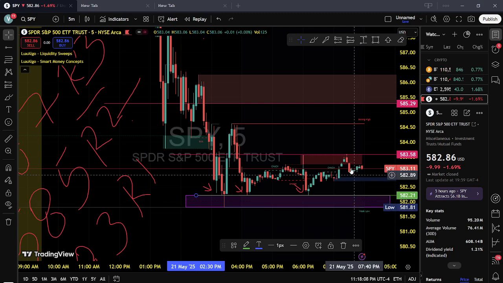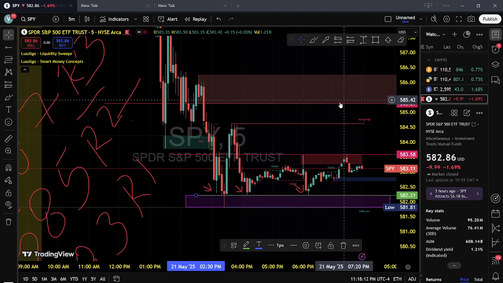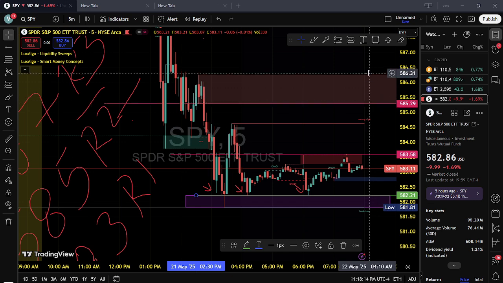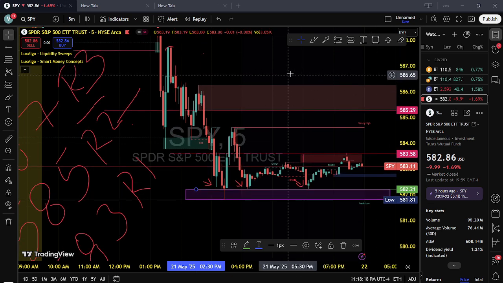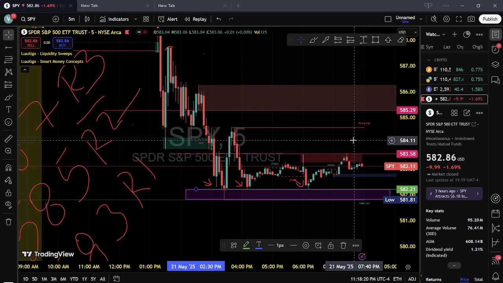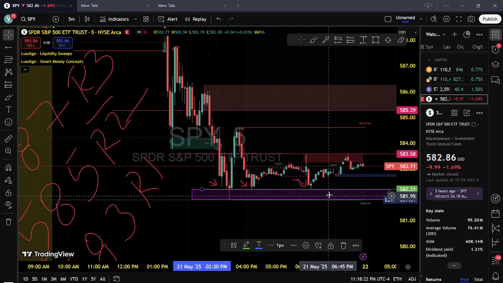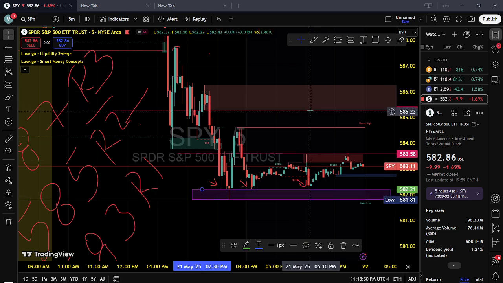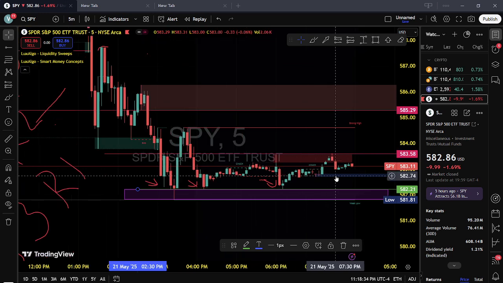So now you have your resistance level 583, the bigger level is 585, and then 587, right? So that is towards the upside. Okay, and now if we consider the bearish scenario, because when you go up and think about selling, that's a bearish scenario, right?